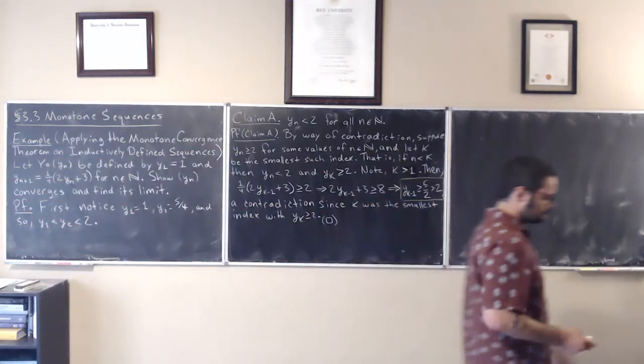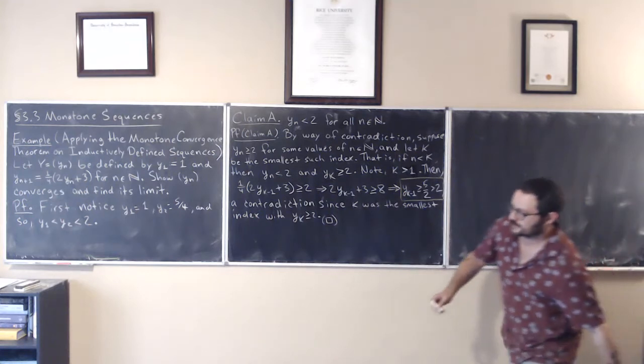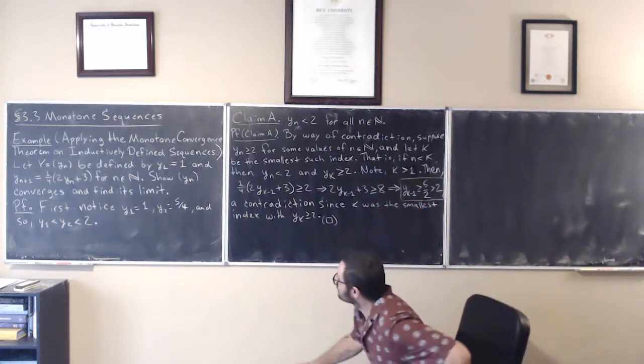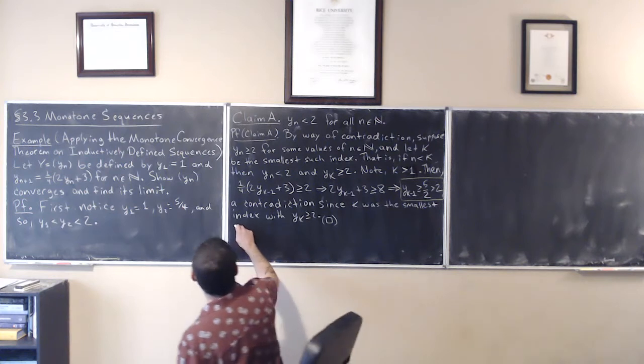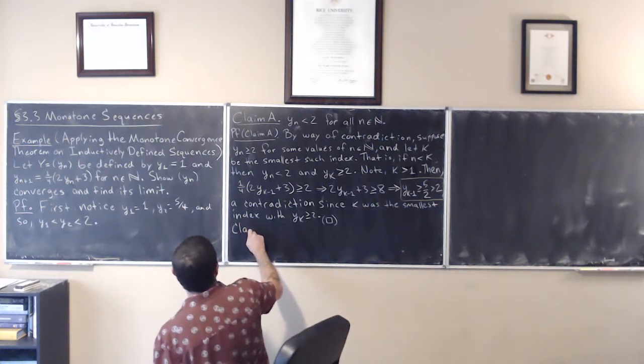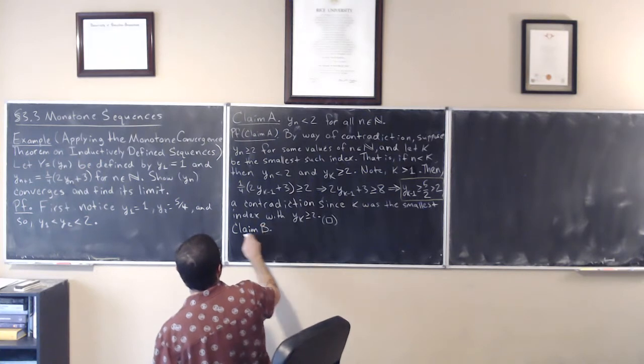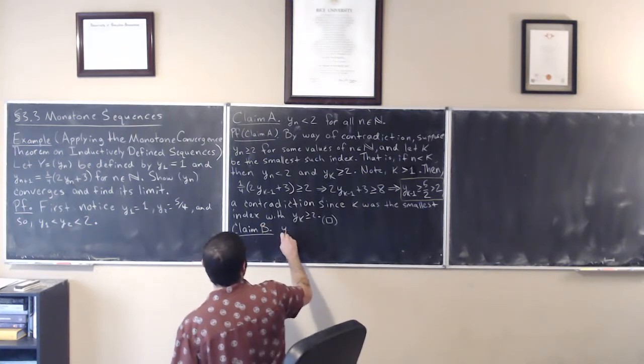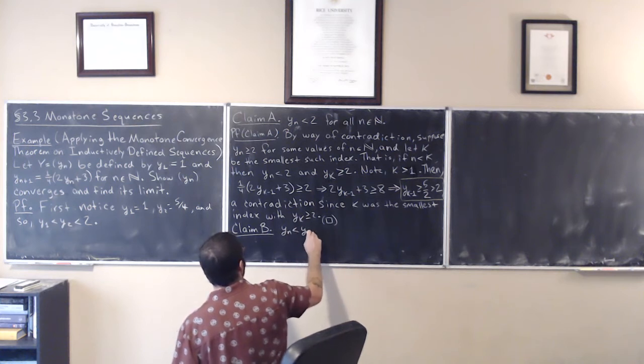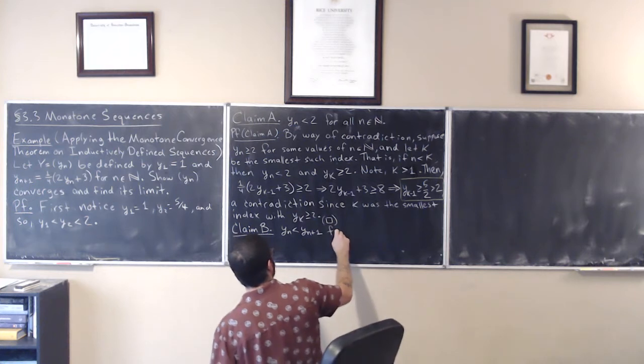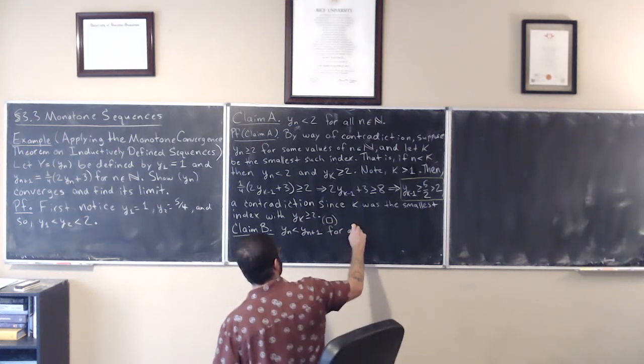Okay. So now our hope is to show that it's monotone increasing. So that'll be my next claim. Claim B: y of n is less than y of n plus 1 for all natural numbers n.